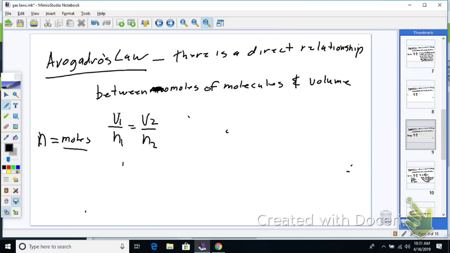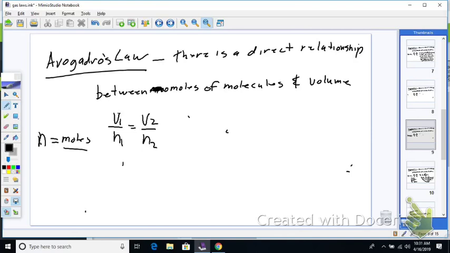Amedeo Avogadro. And we had a day, mole day. You guys remember mole day? Yeah. Okay. So it was based upon Avogadro's number, 6.02 times 10 to the 23rd, and that's equal to 1 mole.